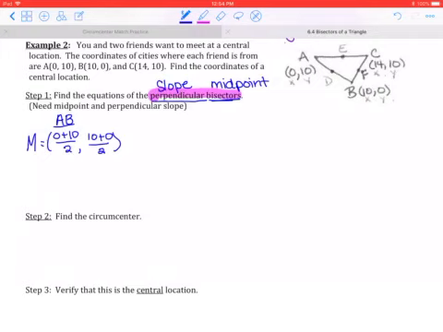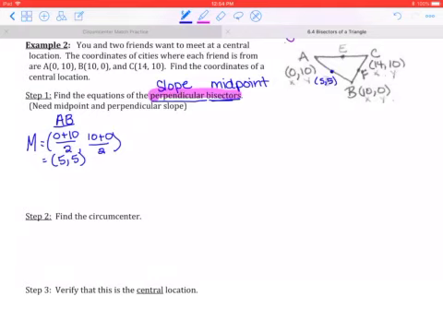So from that, the midpoint of AB is 5, 5. So we can see that point right here. We can label it on this picture if it'll help. So now I have the midpoint.